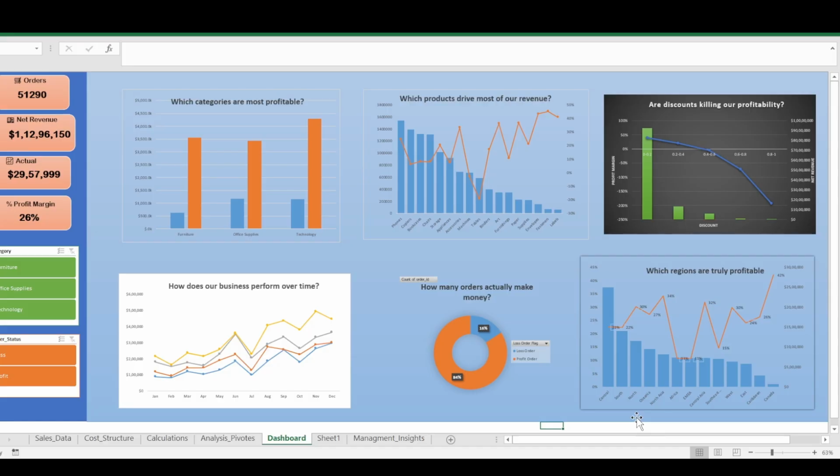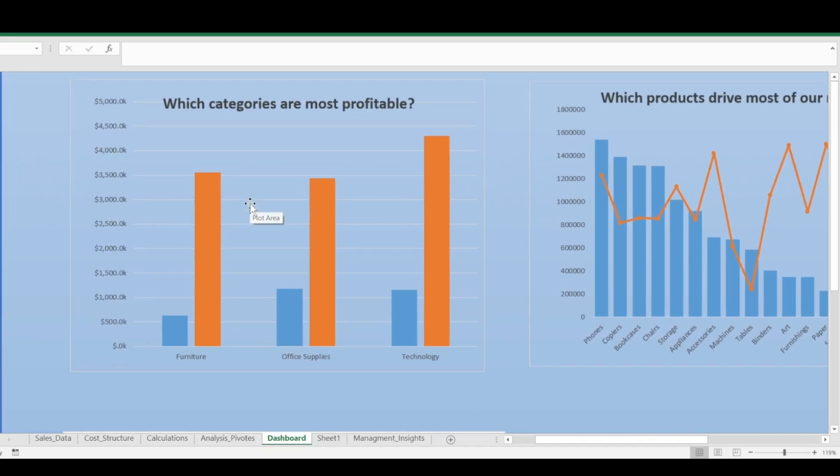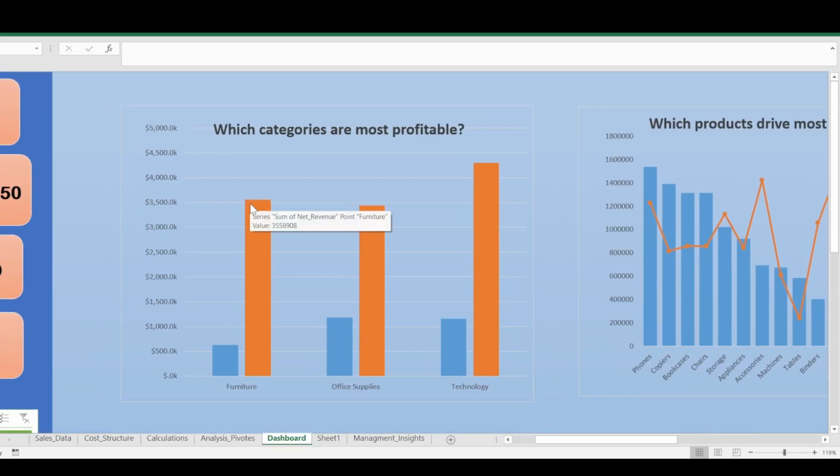Okay, so our first chart is the category chart. This chart shows profitability by category. Technology is the most profitable category, while furniture and office supplies contribute equally towards the revenue, but furniture makes more losses.